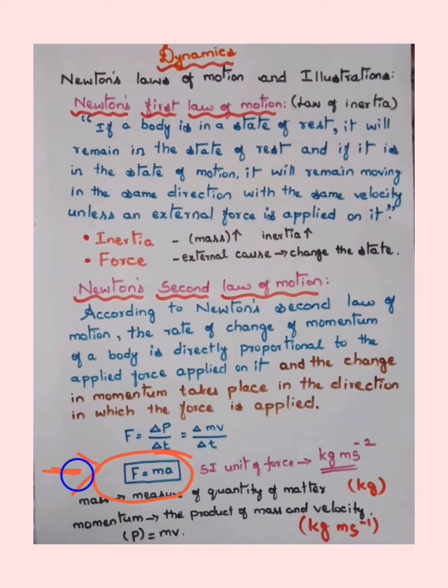The SI unit of force is Newton. It is also expressed in basic SI units as kg meter per second square. You can check out the previous video, where we already solved how to derive the SI units from the basic units.